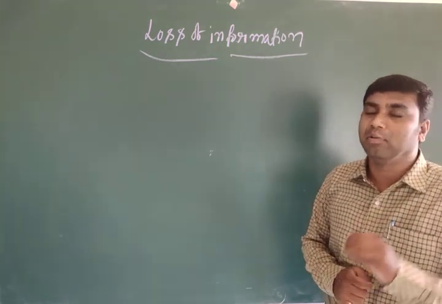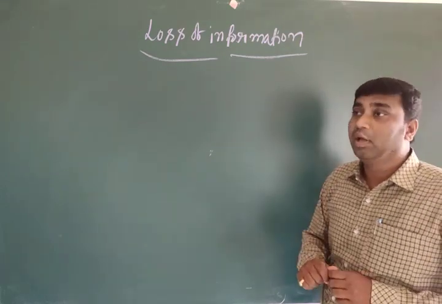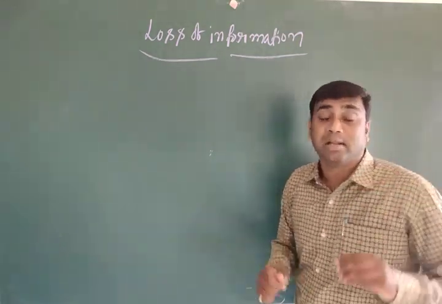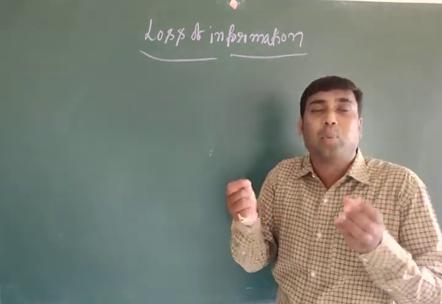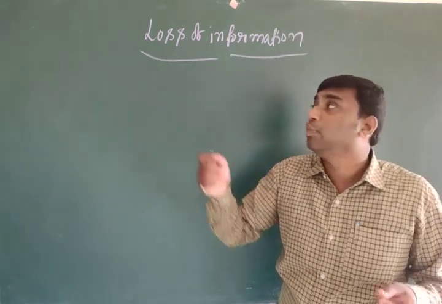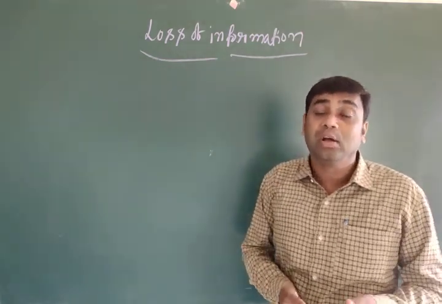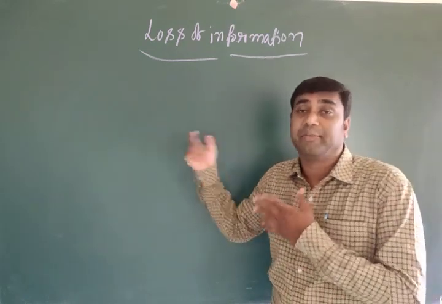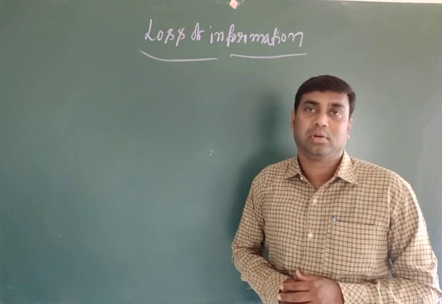Sometimes this will happen. So that is what we discuss in this class: loss of information. While summarizing the raw data, a few points or some information may be lost. We cannot get perfect information while converting the raw data through frequency distribution.